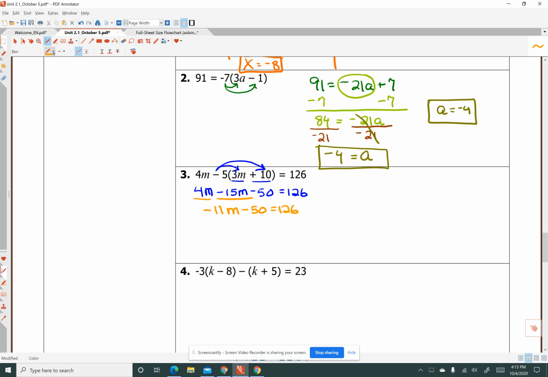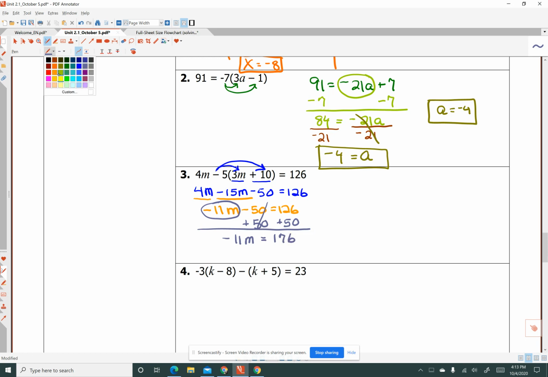So at this point, I do want to isolate the term with the m, and I'm going to do that by moving this negative 50 to the other side using an inverse operation of adding. Whatever I do to one side, I do to the other. And negative 50 plus 50 equals 0. Bring down my negative 11m. And 126 plus 50 equals 176.